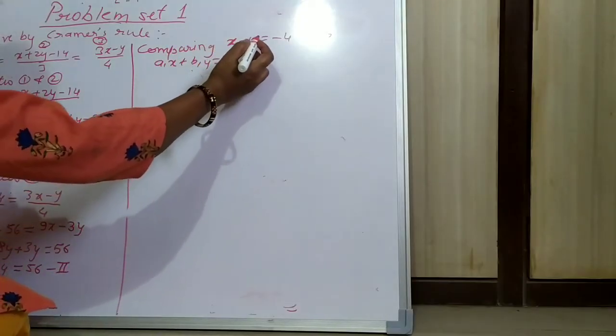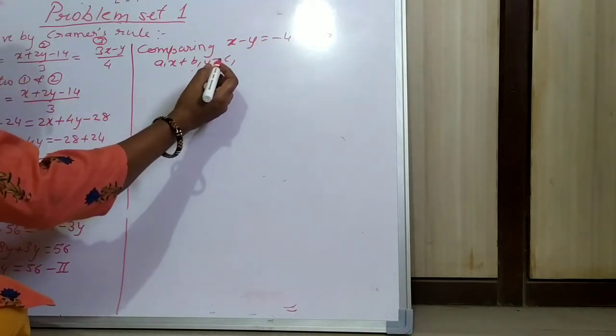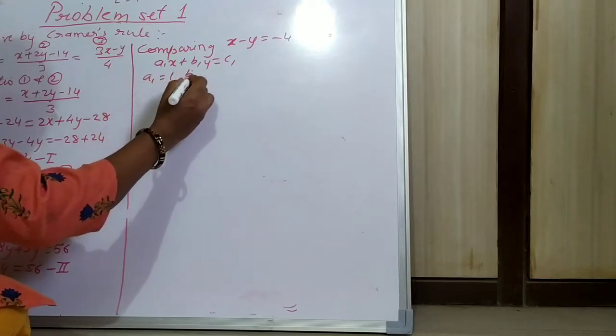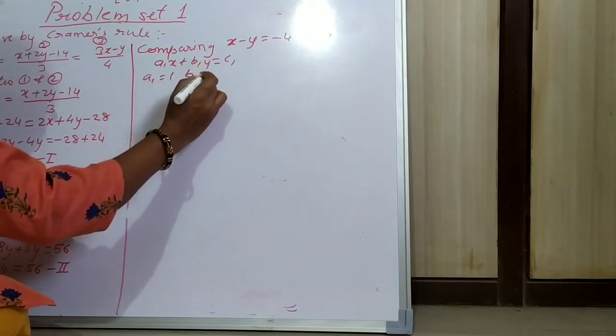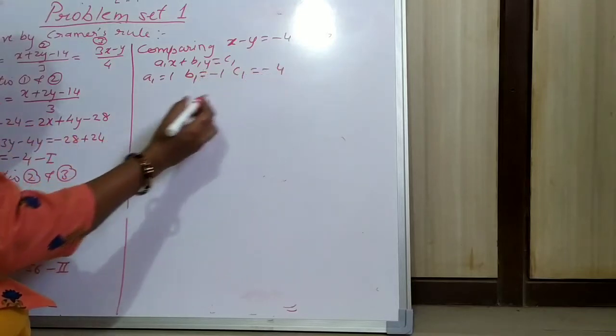Now these two equations, equation 1 and 2. Comparing x minus y is equal to minus 1, equation 1, with a1x plus b1y is equal to c1, we get a1 value as 1, b1 value as minus 1 and c1 as minus 4.